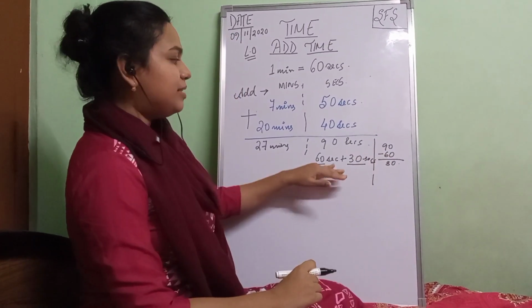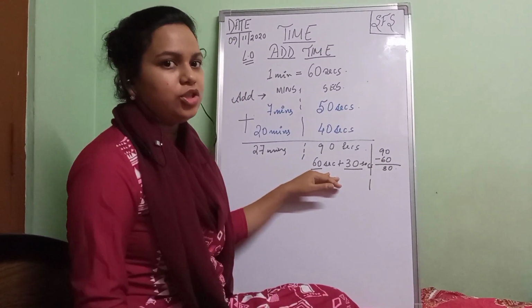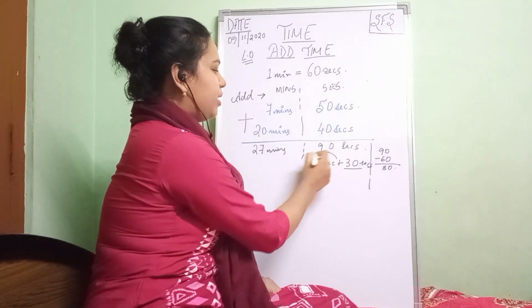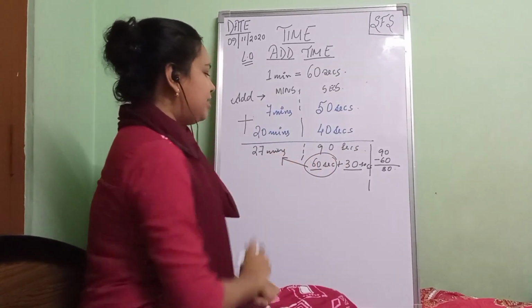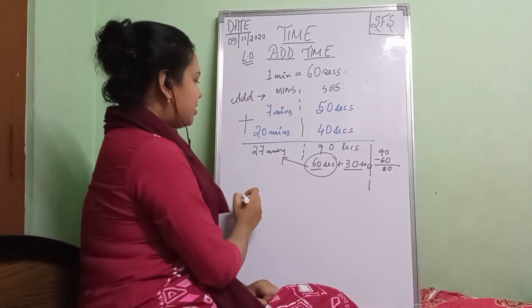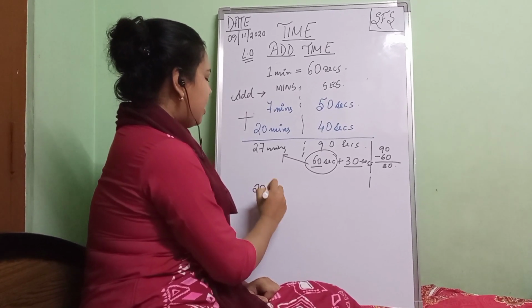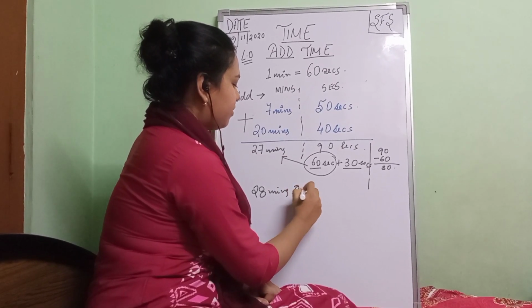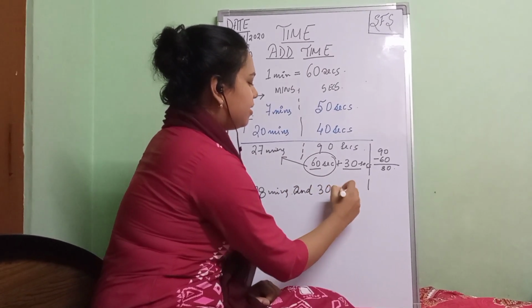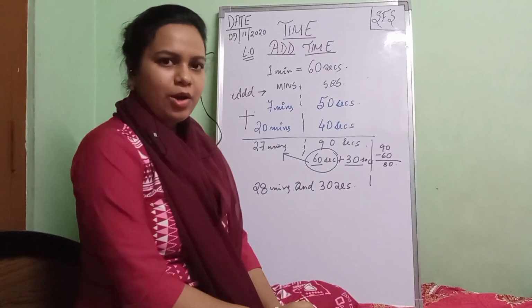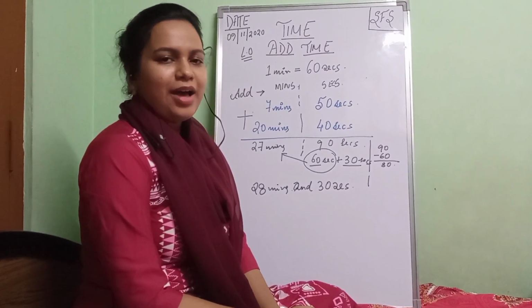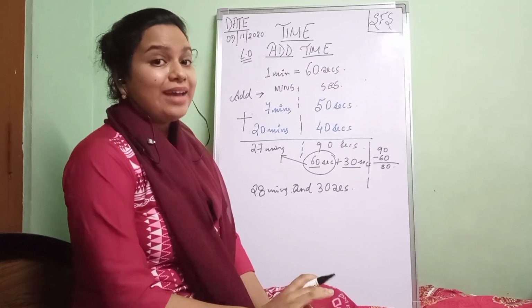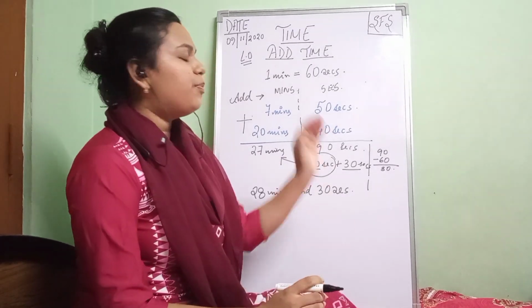Okay, and 60 seconds is equal to how many minutes, children? 1 minute. This 1 minute gets added here, right? So what is the final answer? The final answer is 28 minutes and 30 seconds.